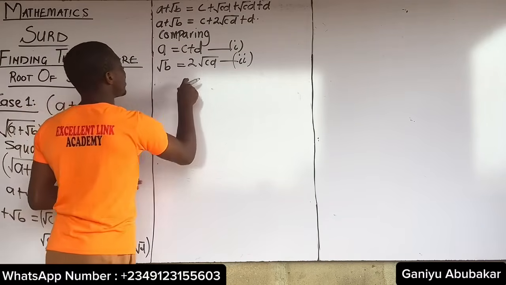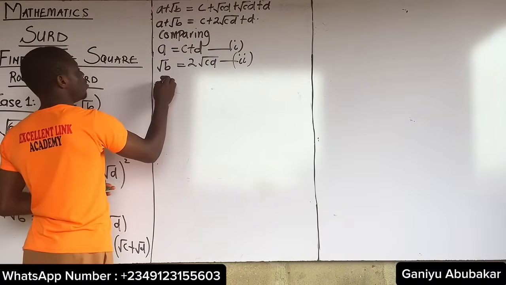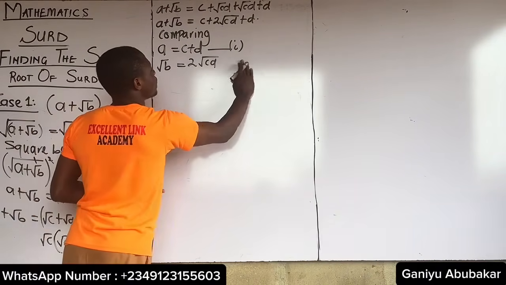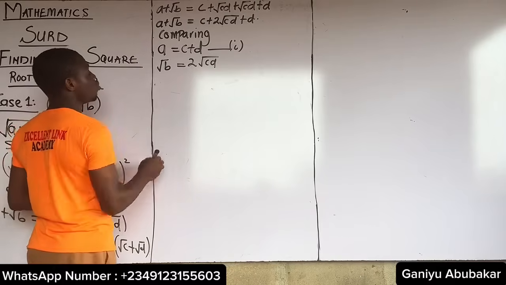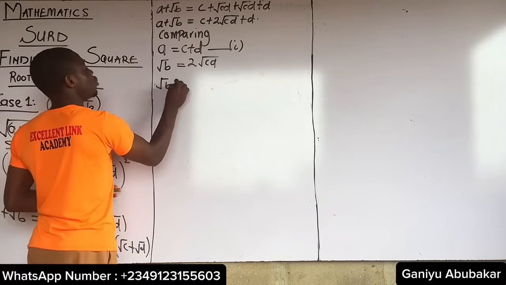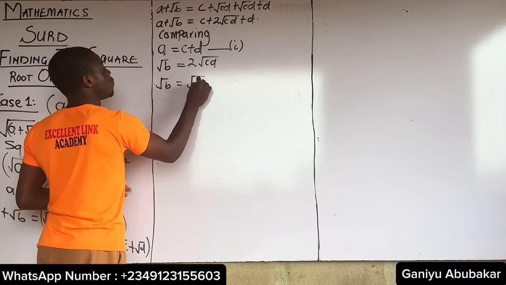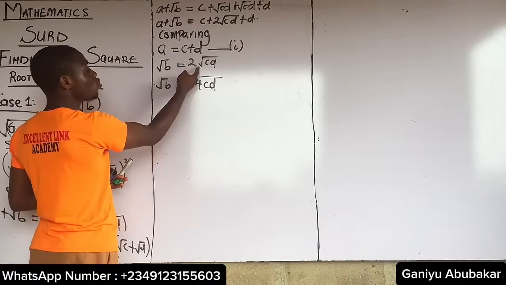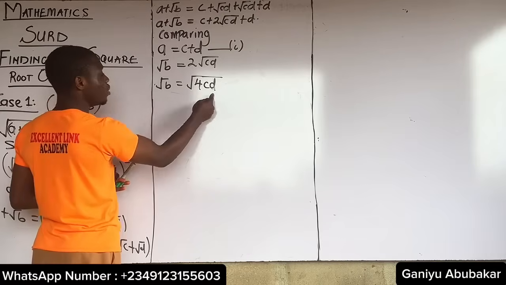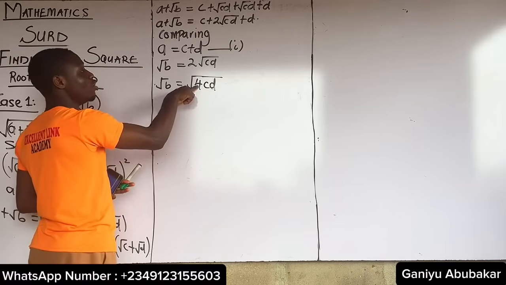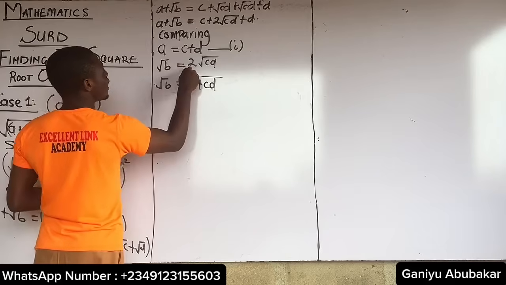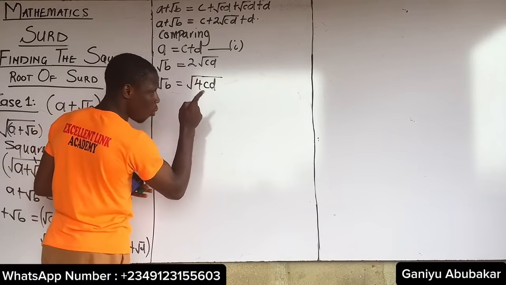From here, looking at equation 2, I can still simplify it. Okay, hang on. Before we call it equation 2, I'll have root B is equal to root 4CD. How did 2 root CD become root 4CD? We know that the square root of 4 is 2, then root CD. So if I take this 2 inside the square root, it becomes 4.